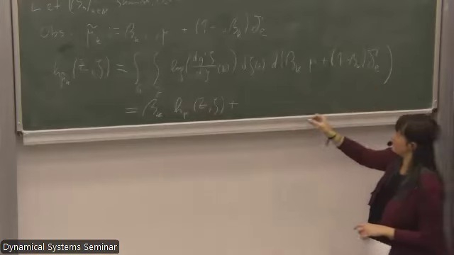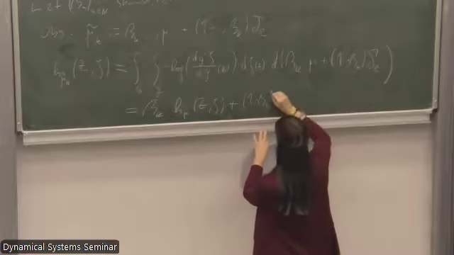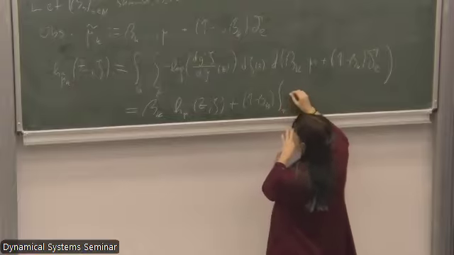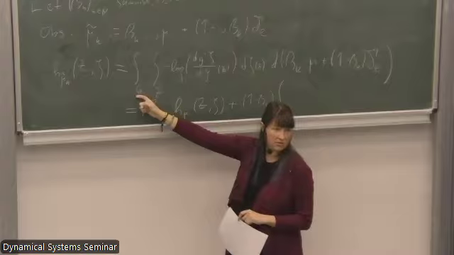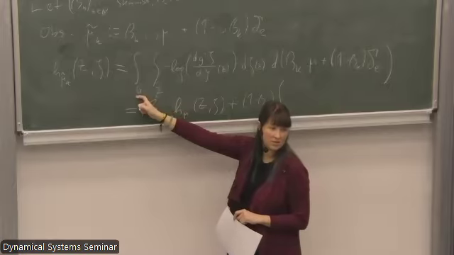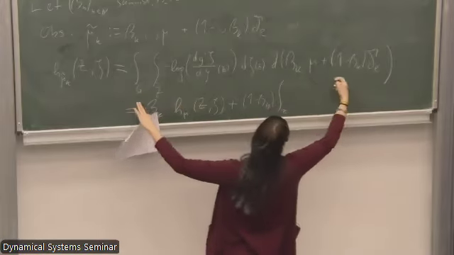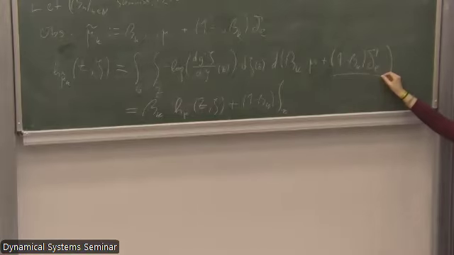How do I get this? I have here, of course, 1 minus beta k. Then I have the integral over C, and everything will be 0 if I take this G integral, if I just want to evaluate this integral of G with respect to this probability measure. So what do I get?